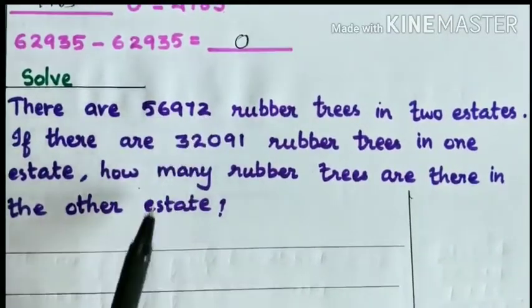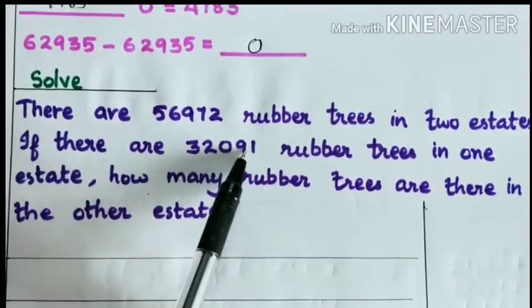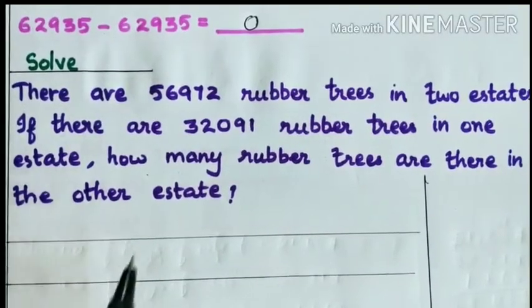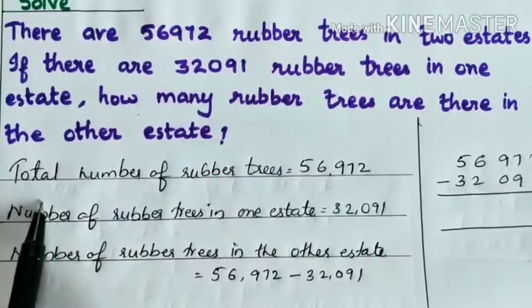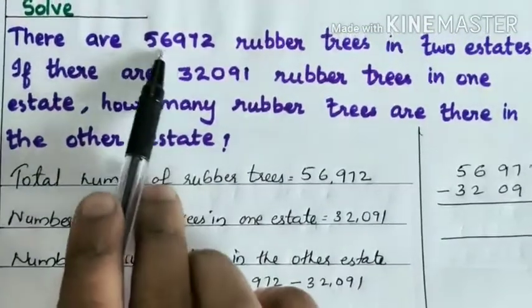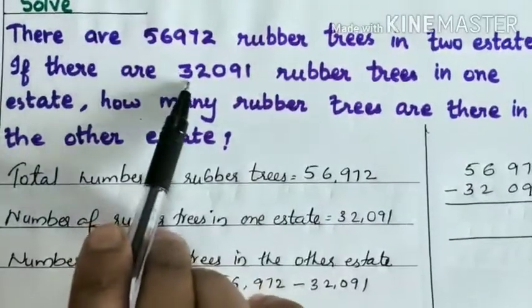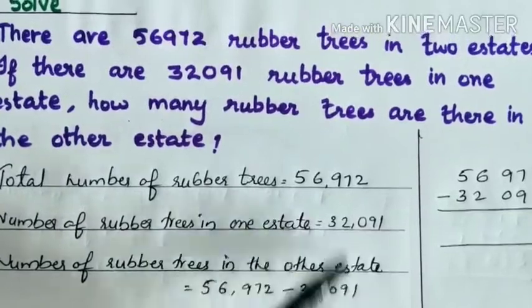Second step, number of rubber trees in one estate, and we have to find the number of rubber trees in the other estate. So total number of rubber trees 56,972. Number of rubber trees in one estate 32,091. Number of rubber trees in the other estate, we have to subtract.